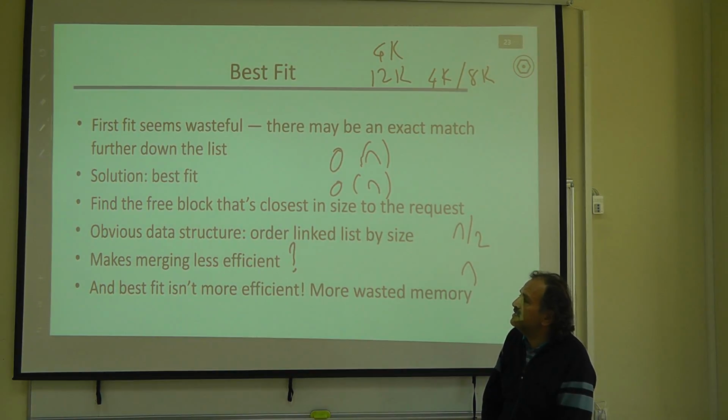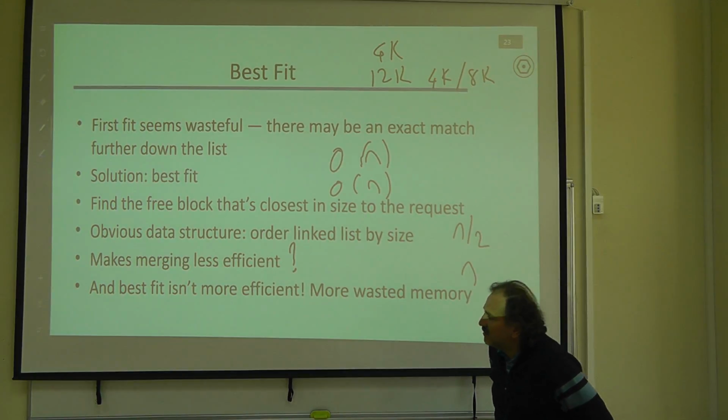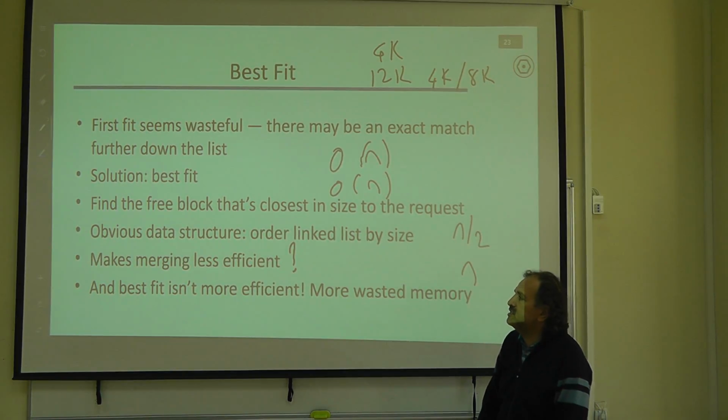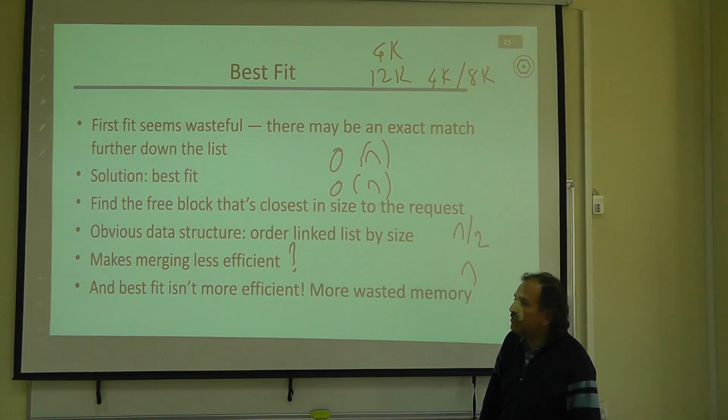Yes, when you are releasing some memory, when you are terminating your process, you don't know your neighbors in the memory because you sorted your available memory locations by the size. So your neighbors are the similar sized neighbors. They are not your neighbors in the address space of the memory. That's why it makes merging less efficient.